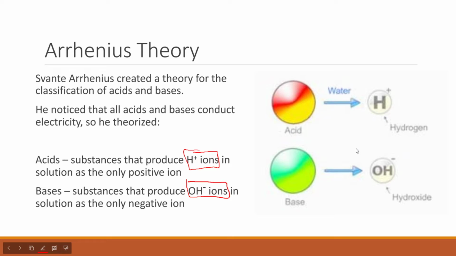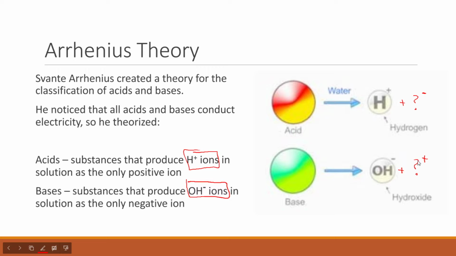So the first acid-base theory that we have is Arrhenius's acid-base theory, and he says, as we can see here, that acids are things that break up and make H plus and some mystery negative thing. And bases are something that make OH minus and some mystery positive thing.